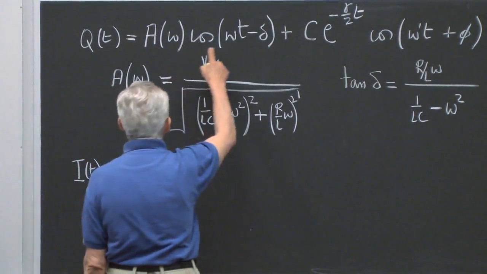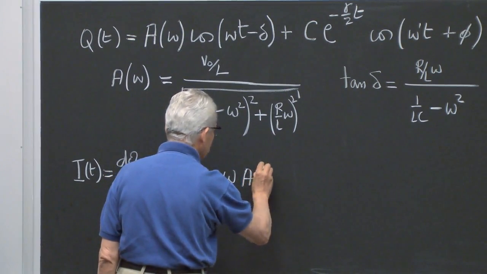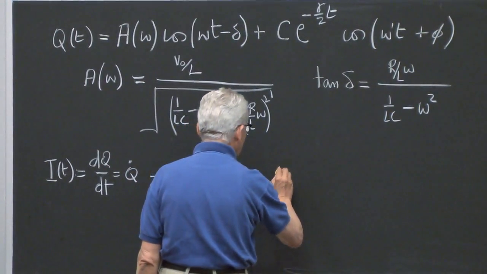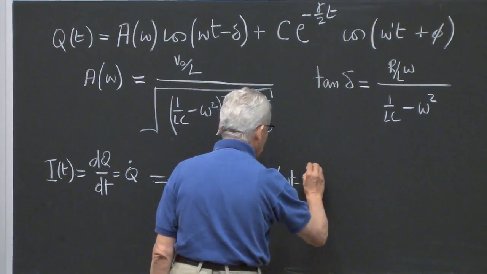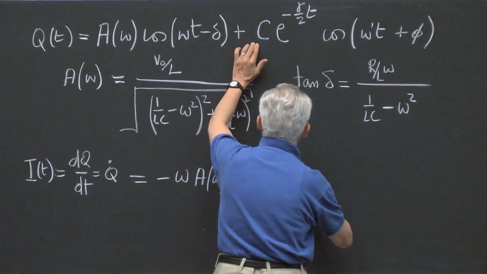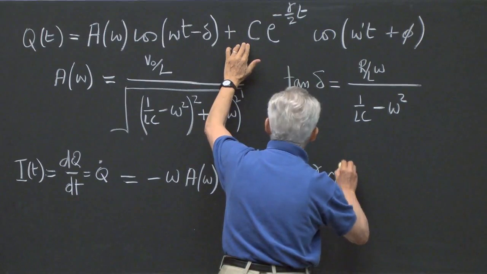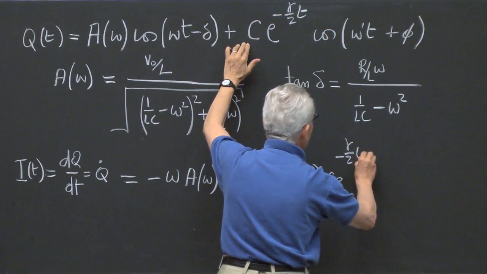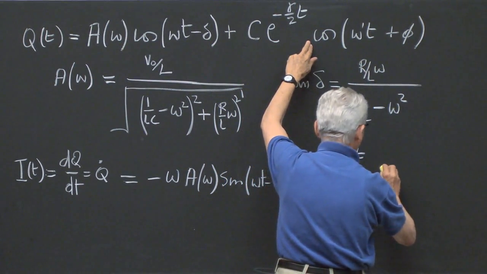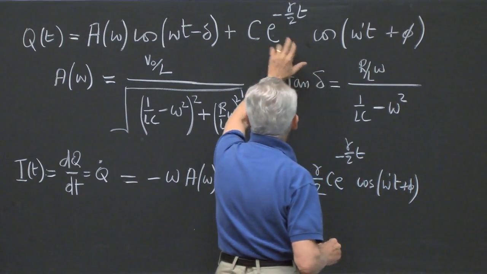And I get, differentiating this, minus omega A of omega sine of omega t minus delta. Then I differentiate this and get minus gamma over 2 C e to the minus gamma over 2 t times cosine of omega prime t plus phi.